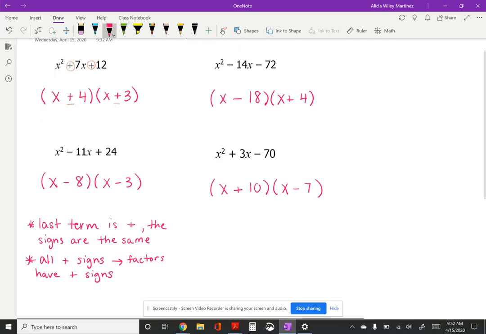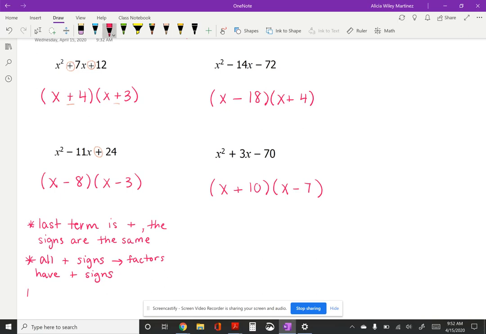Okay. Another thing to recognize is if the last term is positive, you know that the factors have to have the same sign. So if the last term is a plus but the middle term is a minus, you know that both of the signs are going to be minus. So that's something else to recognize.